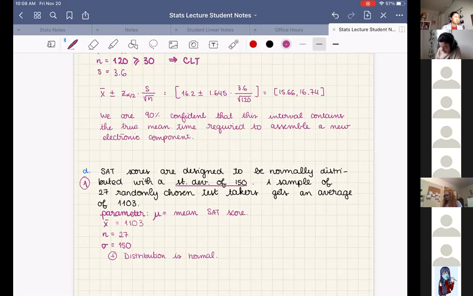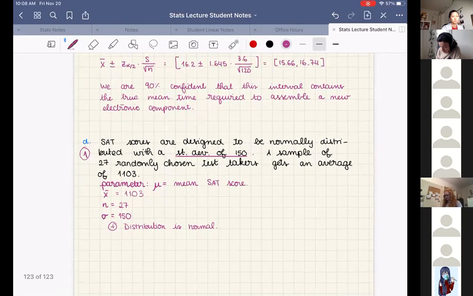Because we know that the distribution is normal, and because we know the standard deviation of the original population, we're going to use the first formula, which tells me that this is x bar plus or minus z alpha over 2 times sigma, which is known in this case, divided by square root of 27.